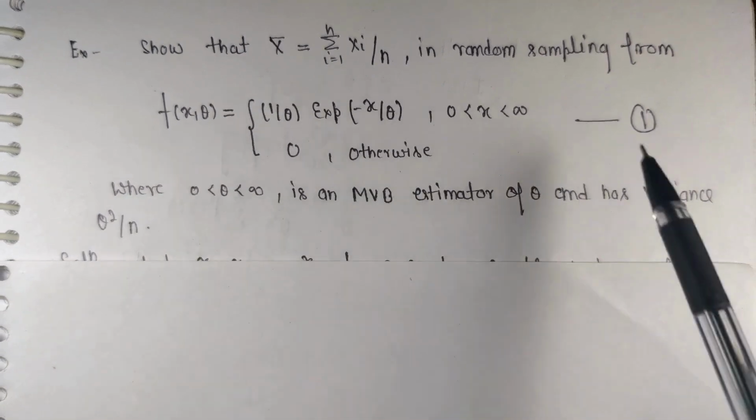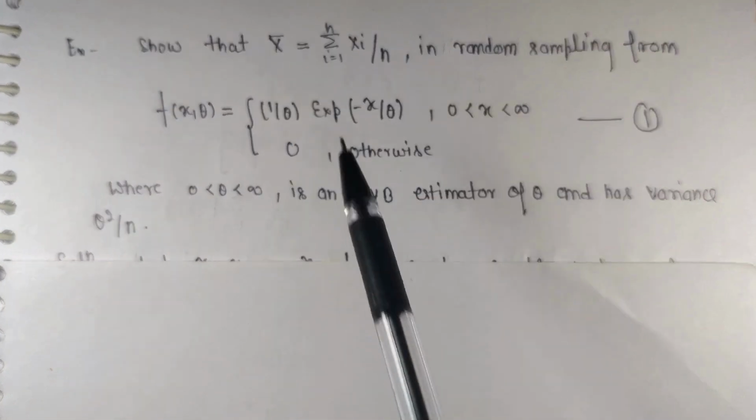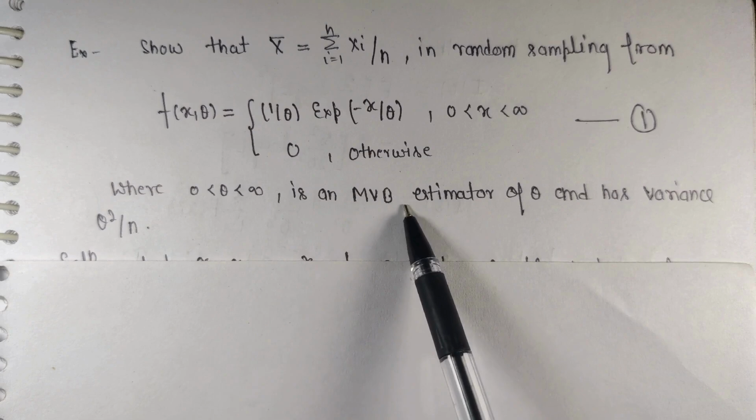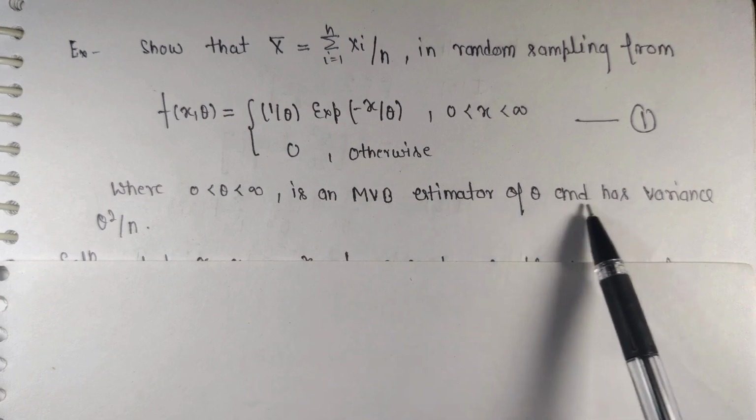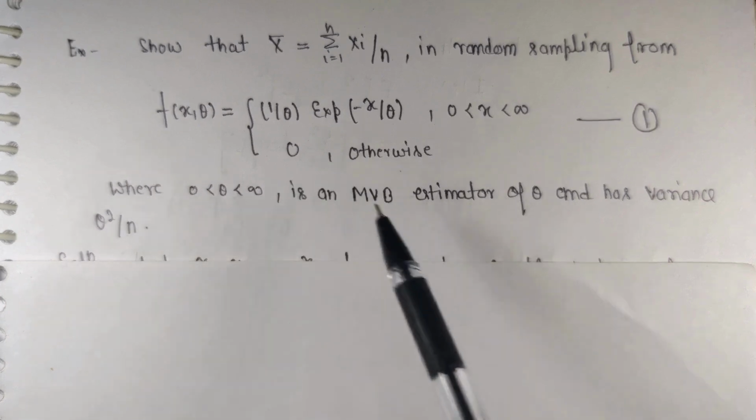Okay, so this is our problem. In the question, x bar is an MVB estimator of theta and has the variance theta square by n. So this is the question part.